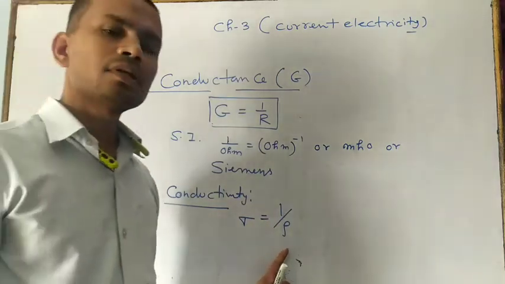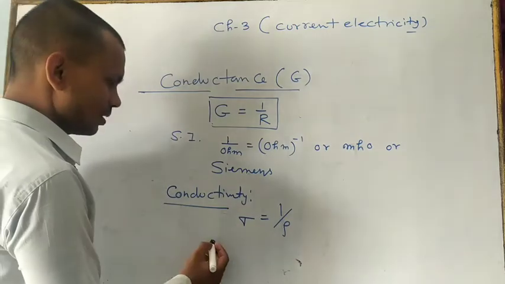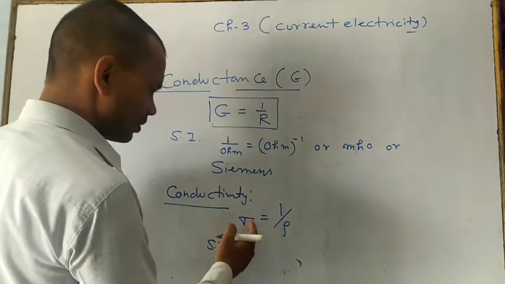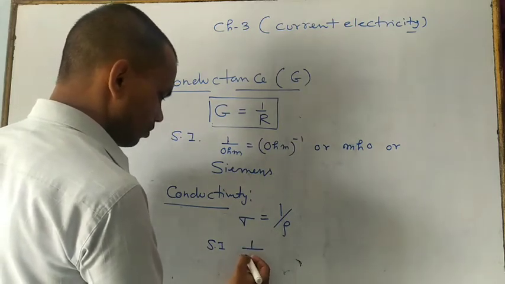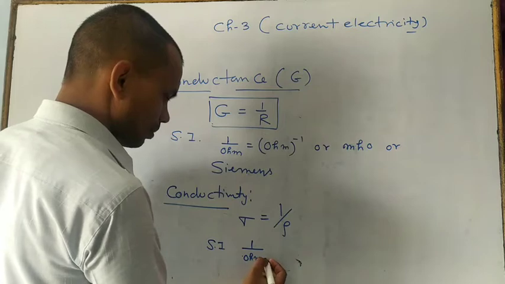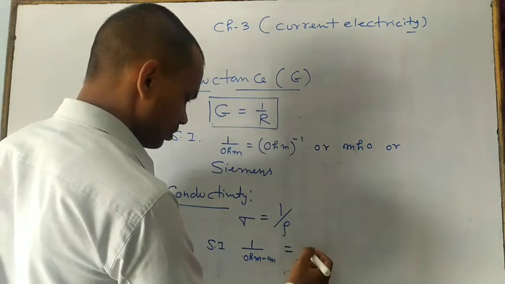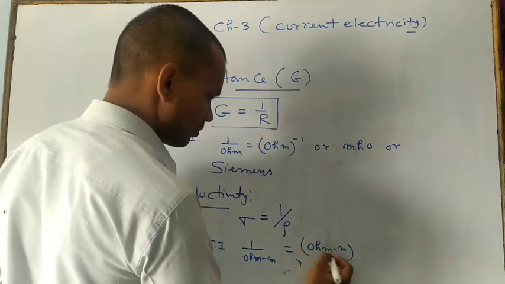The reciprocal of the resistivity is known as conductivity. And the SI unit, you know that this is the SI unit of the resistivity, the ohm meter. So this is equal to ohm and meter, and then the whole inverse.